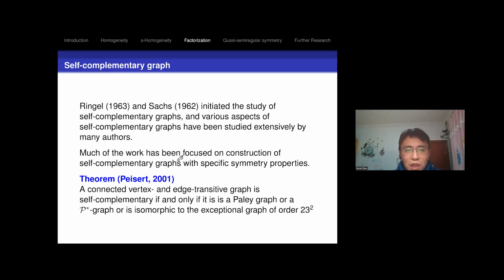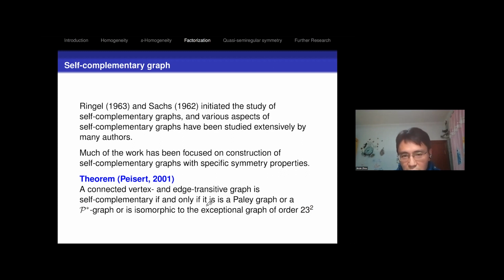Much of the work has been focused on self-complementary graphs with specific symmetry properties. For example, Peisert in 2001 obtained the classification of vertex- and edge-transitive self-complementary graphs.